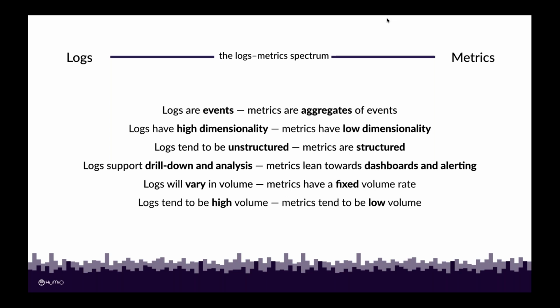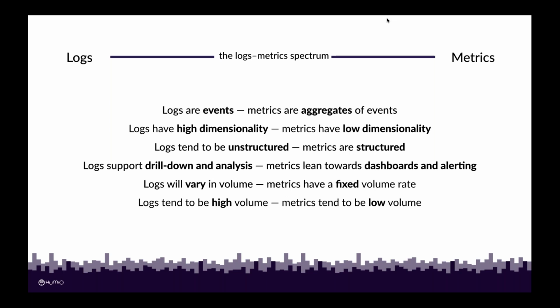So logs are events that are happening in your system, while metrics are aggregates of events, and not the events themselves. Logs have high dimensionality. That means that you can have a lot of extra fields on a given set of events that you can slice and dice on, while metrics tend to have low dimensionality.